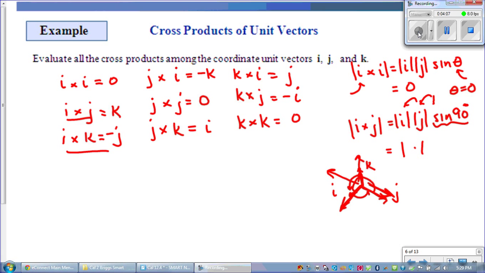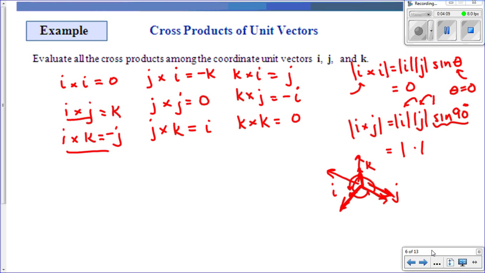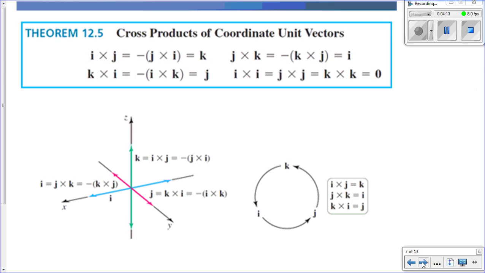Okay, now to help you to remember those, you can always use your fingers and curl your hands, but another way to understand those is by drawing this little circle, i, j, k, in counterclockwise order. If you go counterclockwise, i cross j, you get k. K cross i will be j, and j cross k will be i.